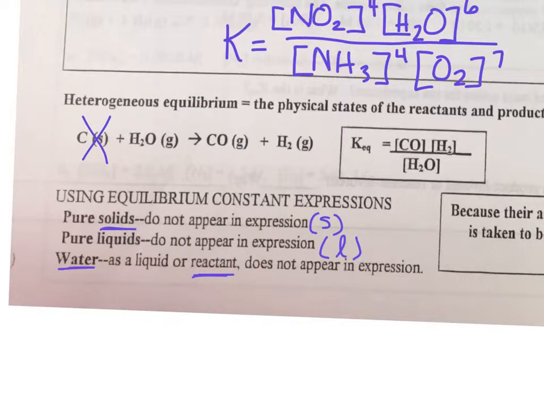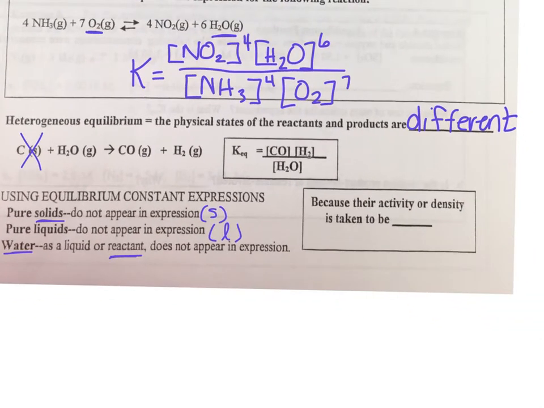You would leave out water, plus it's a liquid. And then we'll also see that for acids and bases in the next unit, okay? The whole reason we do this is because they don't affect it. We take them as being equal to 1. Okay? So if we divide by 1 or multiply by 1, it doesn't really affect it.